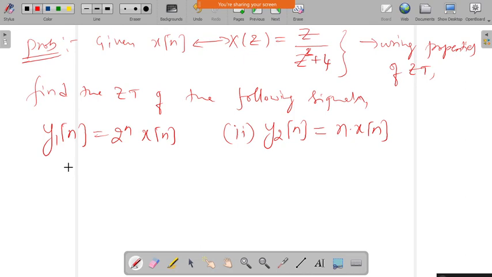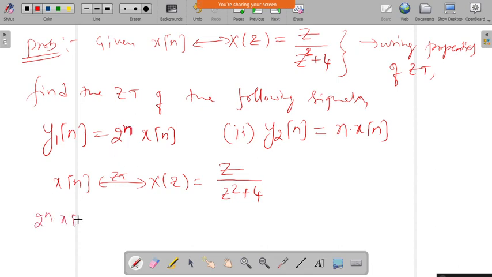So x of z is equal to z by z square plus 4. Now if I multiply 2 power n into x of n, that is nothing but y1 of n. Now what is the corresponding Z transform of this one, that is y1 of z.